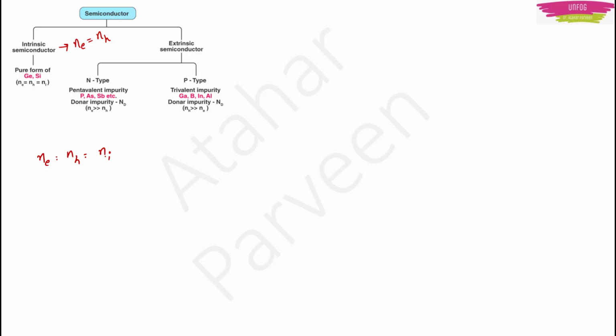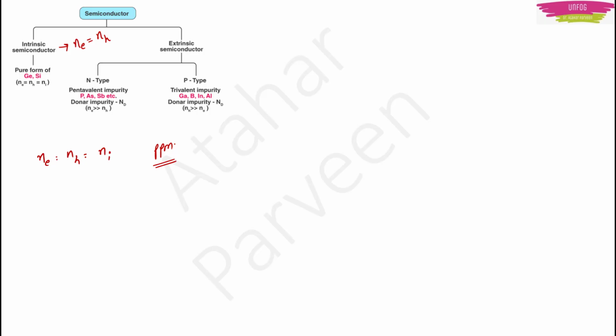This can be done by adding some other substances called impurities to these intrinsic semiconductors. When a few parts per million, ppm, of suitable impurities are added to a pure semiconductor, the conductivity of that semiconductor will increase many times.